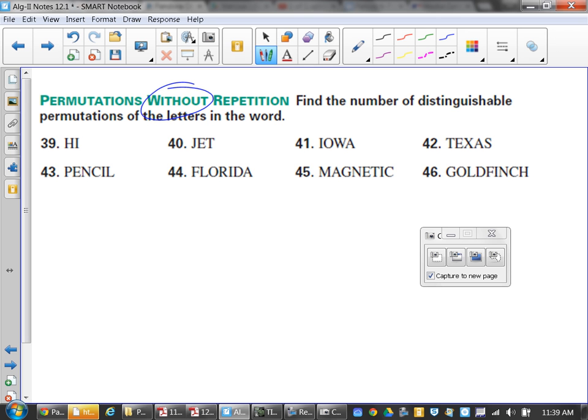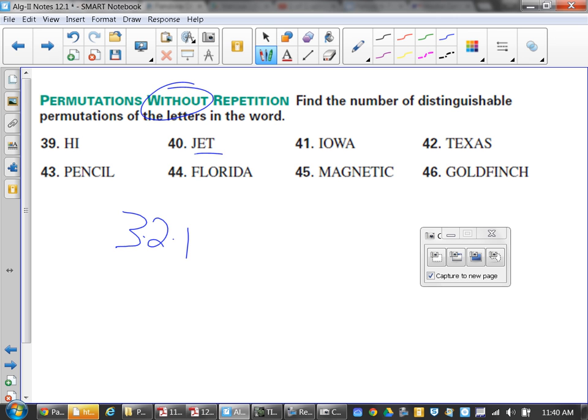When you're dealing with the ones without repetition, you're looking at how many letters there are. How many letters in the word jet? 3. If I'm going to take 3 letters, the first one I have 3 to choose from, I'm not repeating one of the letters, so I'm left with 2. And then 1. So isn't that just 3 factorial?